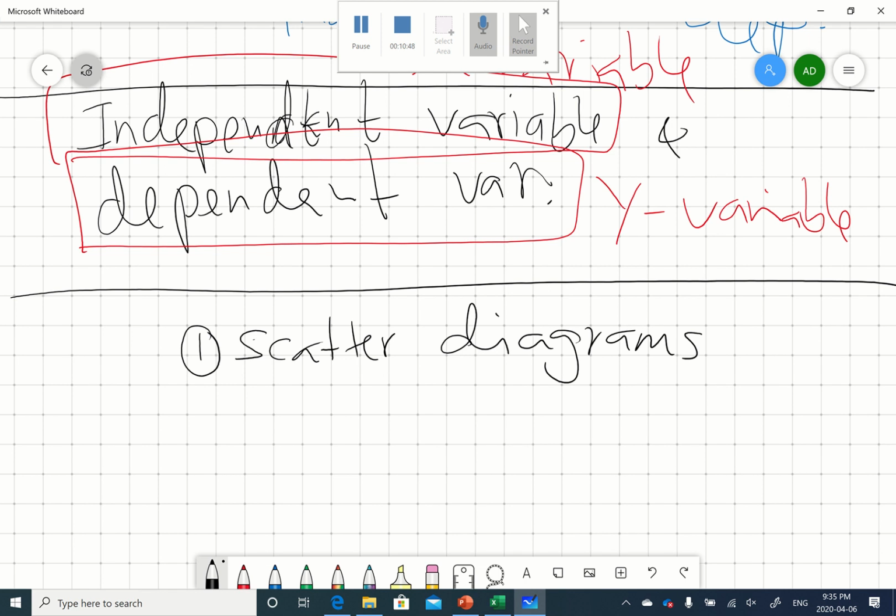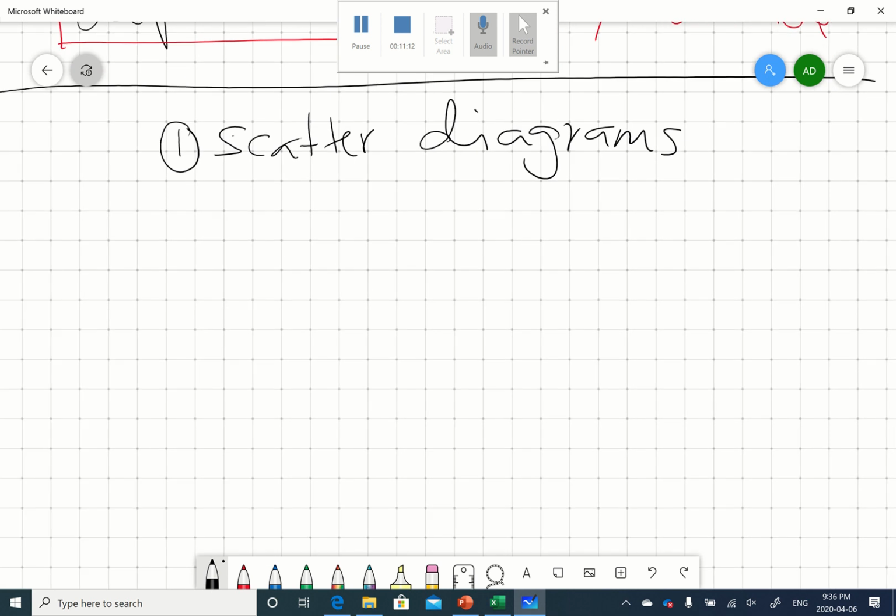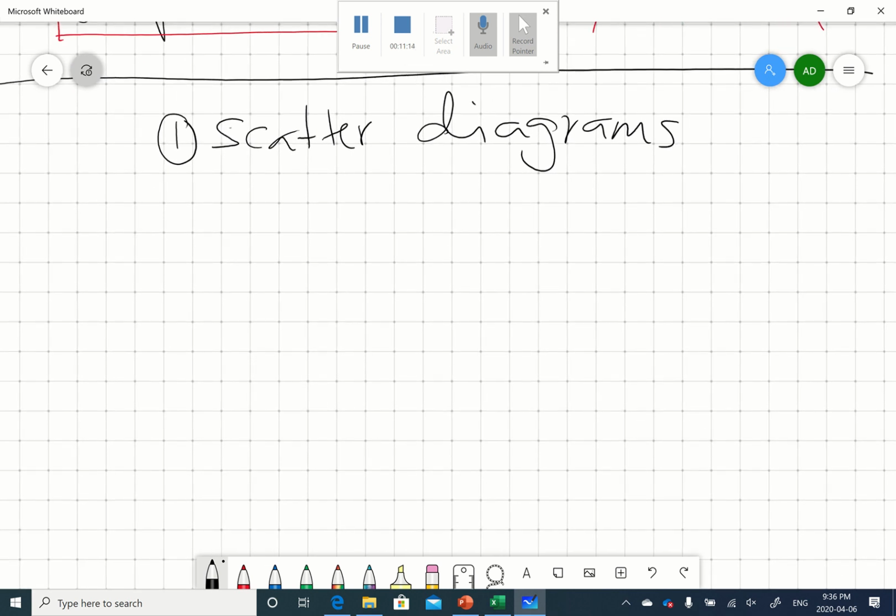But scatter diagrams are not the best way to provide solid proof about the association, because reading charts can vary from one person to another. We identify patterns different ways, right? So my conclusion based on looking at a scatter diagram would not be the same as your conclusion. Okay, but always as a beginning starting point, people always use scatter diagrams.